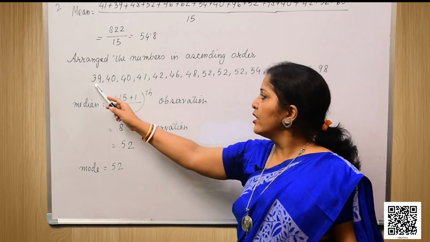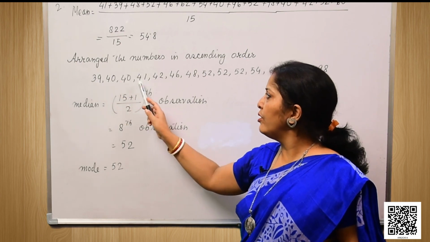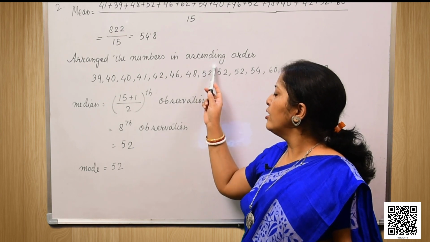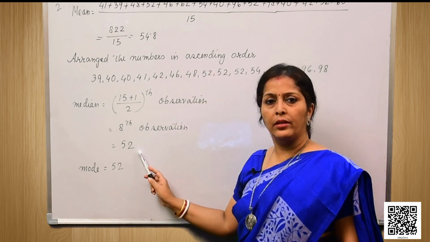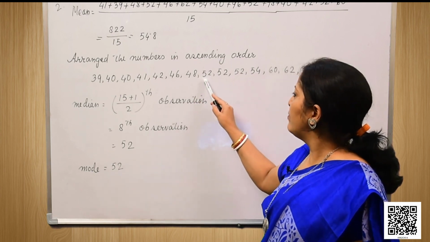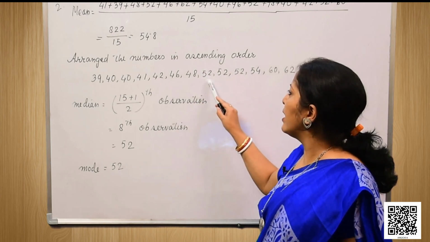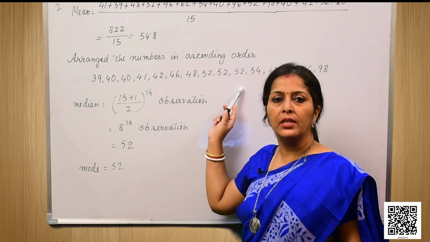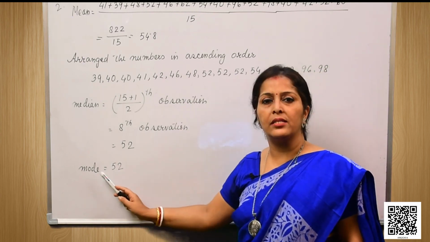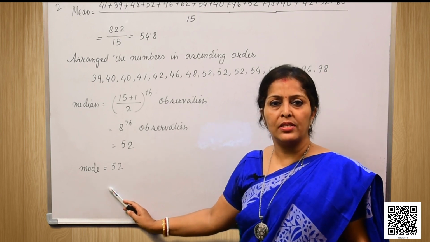In this case it is 1, 2, 3, 4, 5, 6, 7 and 8. So we can say that 52 is the median. Now to find the mode, we have observed that the number 52 is appearing the maximum number of times, 3 times. So we can come to the conclusion that our mode is 52. I hope this is clear.